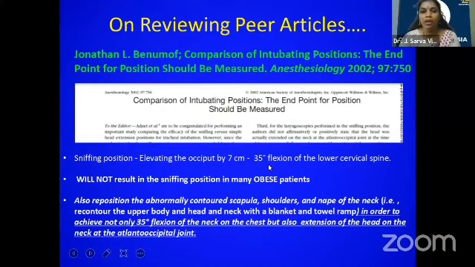But the same thing, keeping a pillow in an obese patient, will not result in a sniffing position in most patients because they have an abnormally contoured scapula and abnormal deposition of fat under the shoulders and the nape of the neck. So in order to achieve 35-degree flexion of the cervical spine and also extension, we need to ramp them up with towels and blankets.